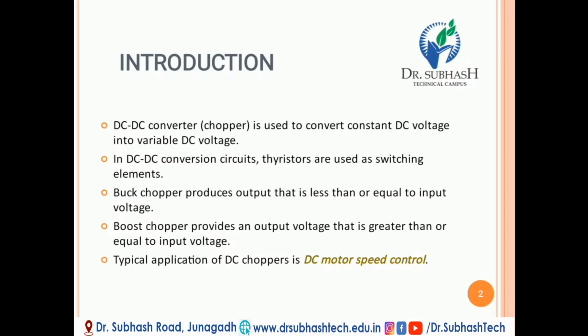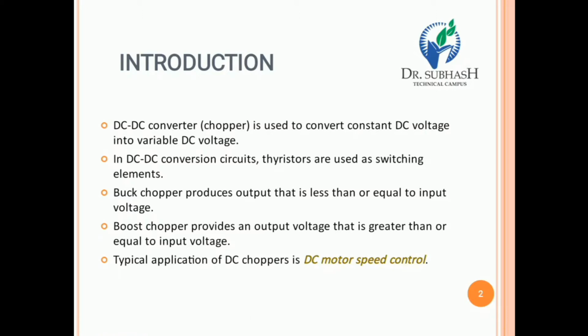Basically, the DC chopper circuit can be classified in three different ways. First is the step up chopper, second is the step down chopper, and third is the combined step up as well as step down chopper. If the input voltage is greater than the output voltage, that type of chopper circuit is known as a step down or buck chopper circuit.